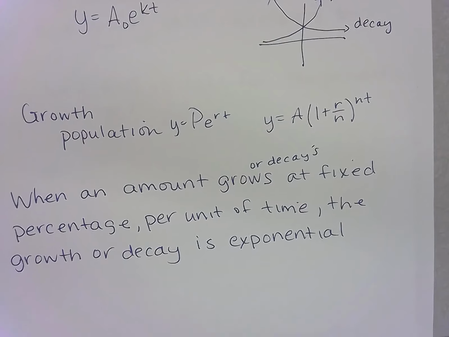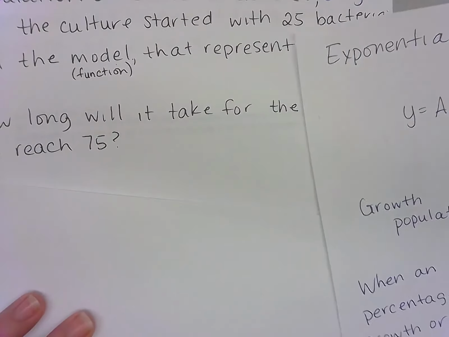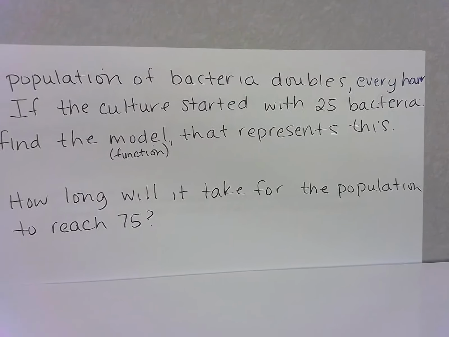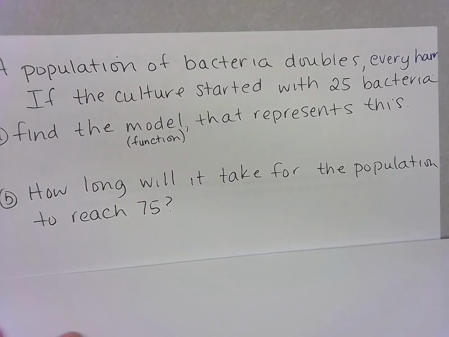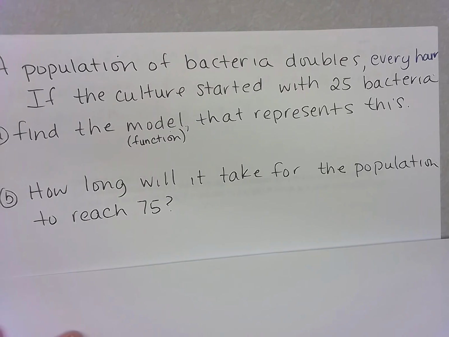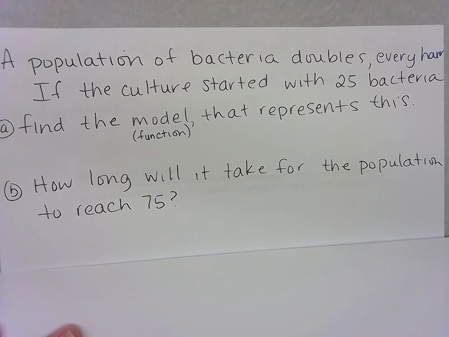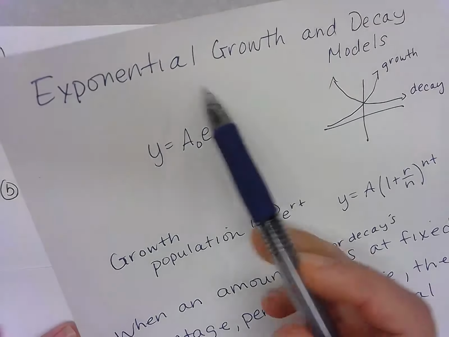Okay. So let's just dive in here and look at an example of how we can use this. So we have a population of bacteria that's doubling every hour. If the culture started with 25 bacteria, we're going to start with the model that represents this function. So we want to come up with an equation that looks like this.